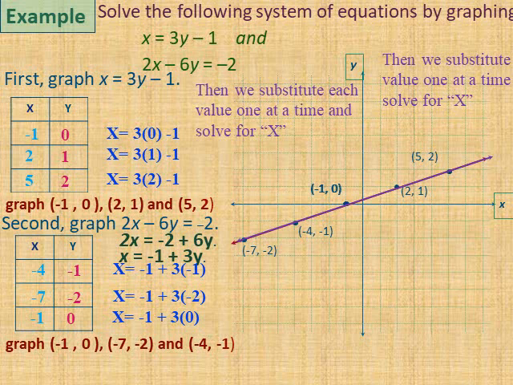How to write the solution set? The solution set will be any ordered pair (x, y) such that I can write the first or the second equation, x equal 3y minus 1, or 2x minus 6y equal negative 2, and x and y belong to R2, meaning x belongs to R and y belongs to R, and this is the solution set.